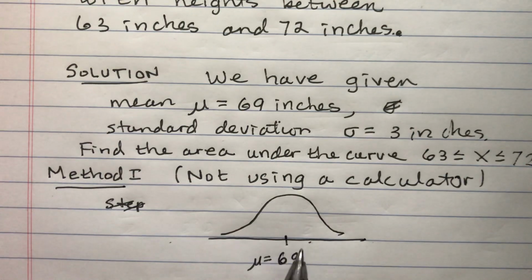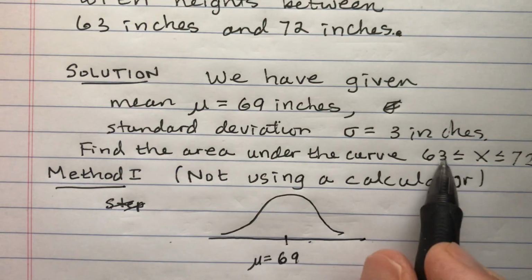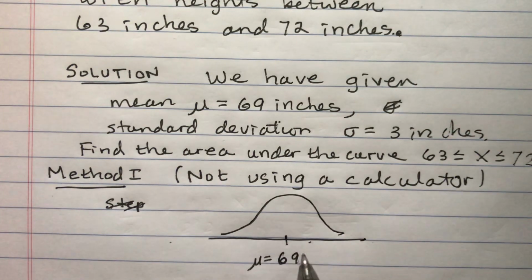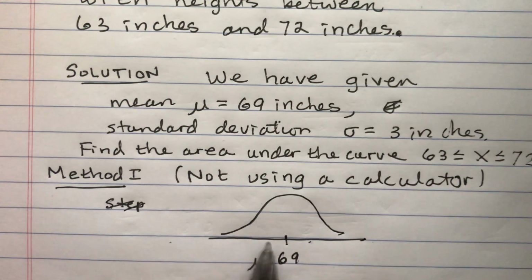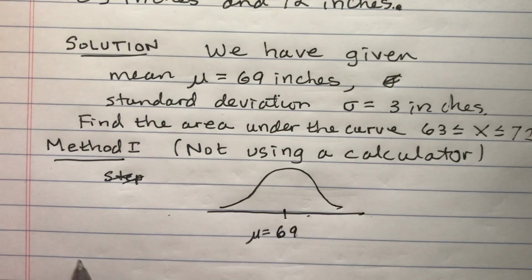So this is not that. It's similar, but not exactly the same, because here the mean is 69. And so we have to the left of 69, to the right of 69, we have 63 to 72. Maybe I'm going to come back to this picture and fill it in a little bit.